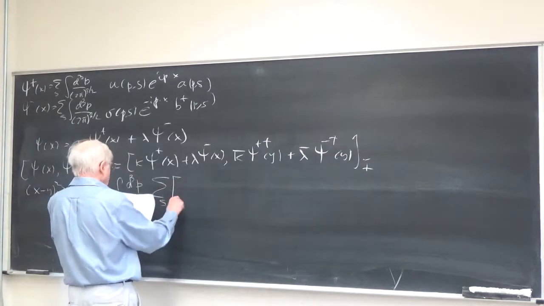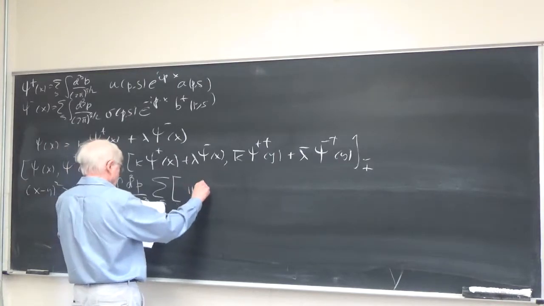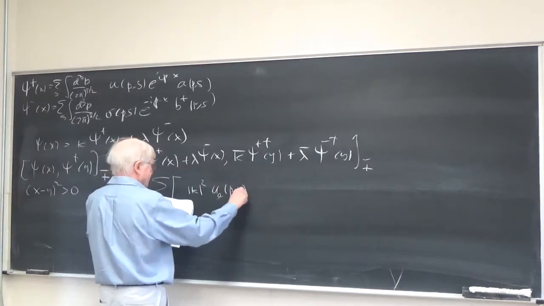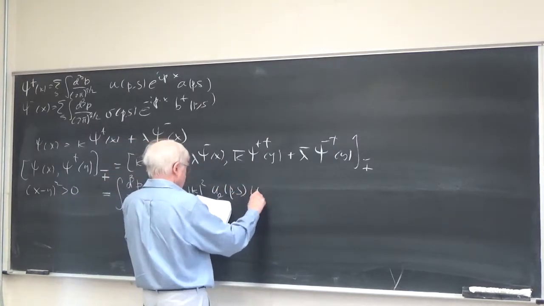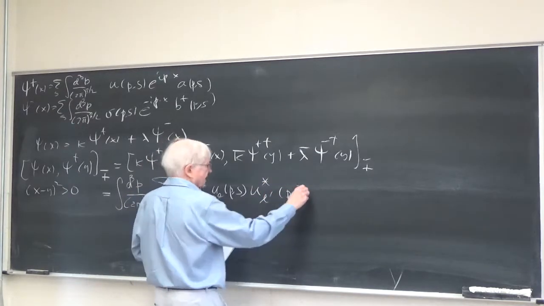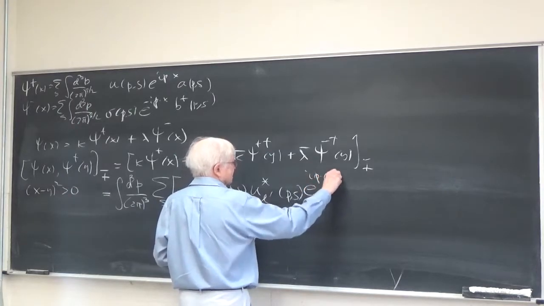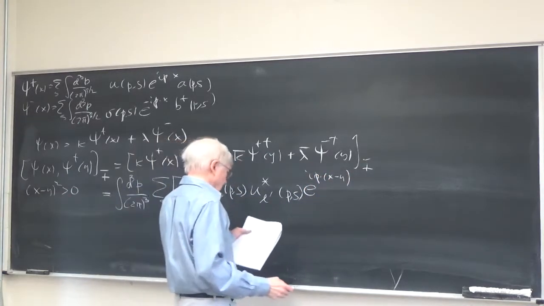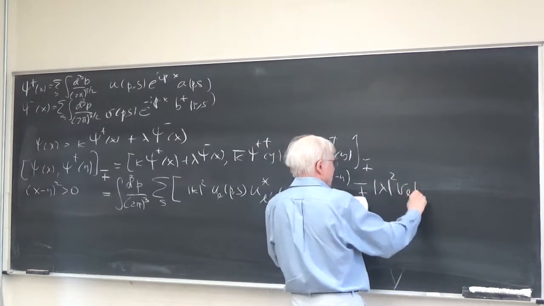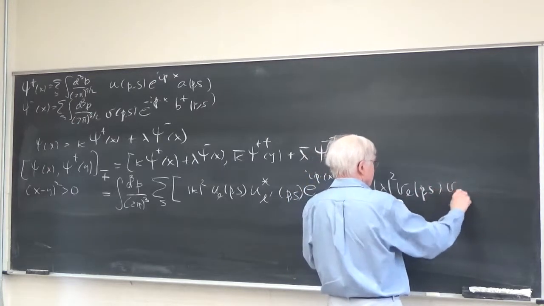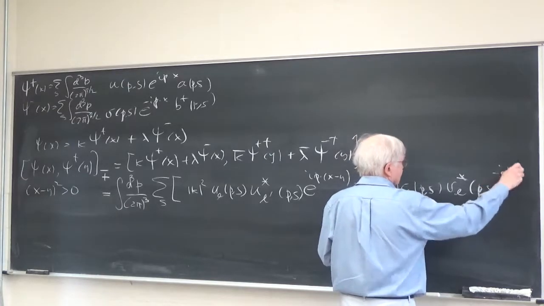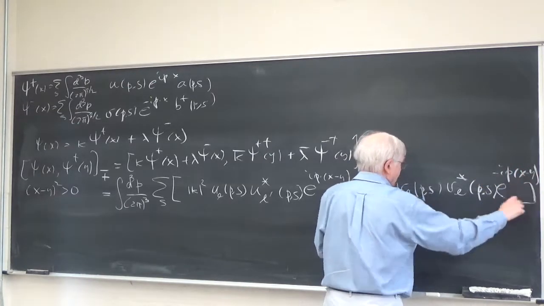And so what you have then is kappa squared u_l of p and s, u_l' complex conjugate of p and s, e to the i p dot (x minus y), and then minus or plus lambda squared, v_l of p and s, v_l' star of p and s, e to the minus i p (x minus y).